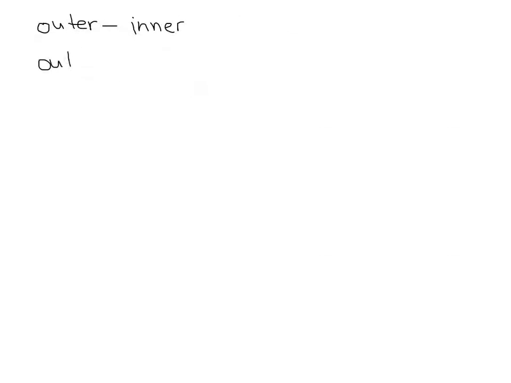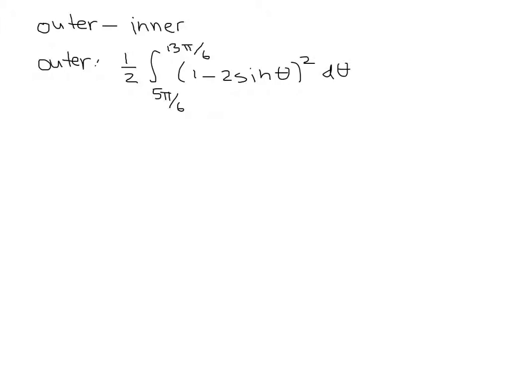So the outer loop can be found using 1/2 the integral from 5 pi 6 to 13 pi over 6 of r squared d theta. So r is 1 minus 2 sine of theta, the quantity squared, d theta. So that's equal to 1/2 times the integral from 5 pi over 6 to 13 pi over 6.